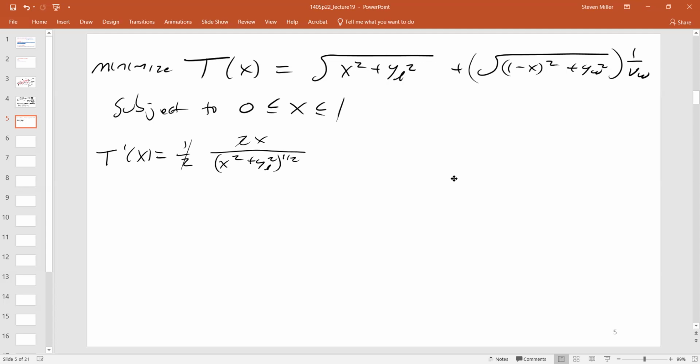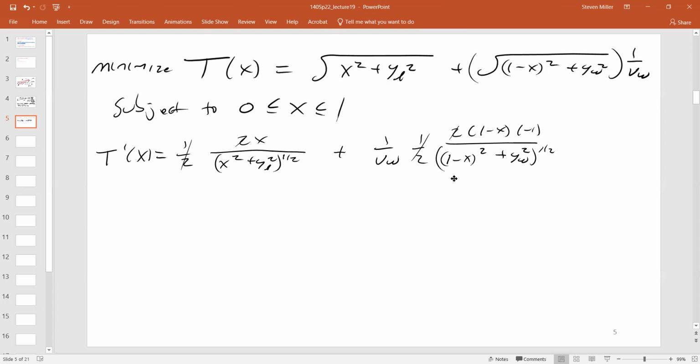And for the next one, it's going to be 1 over VW. We'll have a 1/2, and 1 minus x squared plus YW squared to the 1/2. Now when we take the derivative, it's going to be 2, 1 minus x, and then a negative 1. And the 2's cancel.